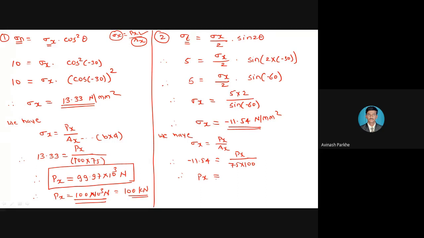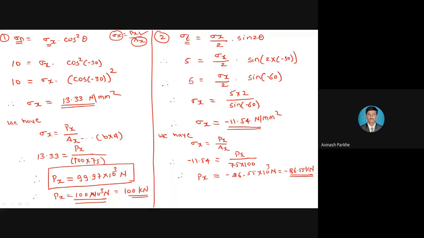If your stress is negative, you will get that particular force value also in the negative. Minus 86.55 into 10 raised to 3 Newton, or I can write minus 86.55 kilonewtons.